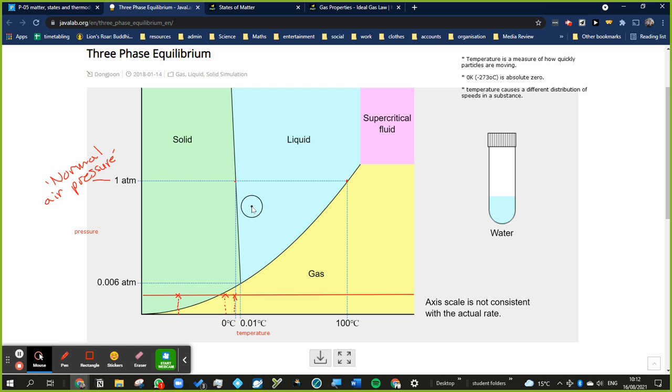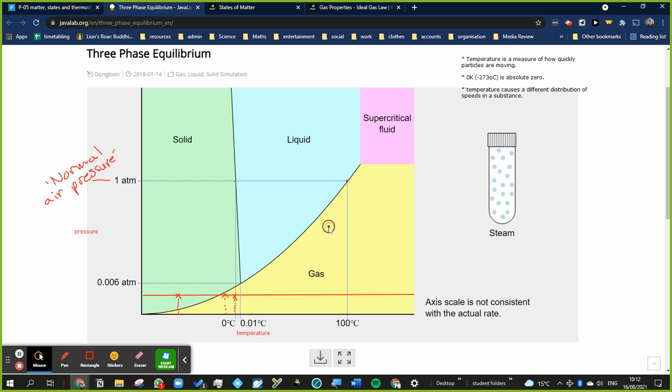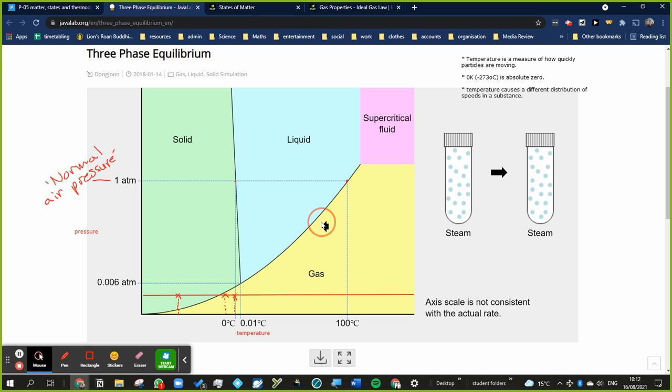I can start here and keep the same temperature and just reduce the pressure, and I'm going from water to steam. I could start here, reduce the temperature, and increase the pressure, and I can go from steam to liquid, from gas to liquid. So it really does actually change.